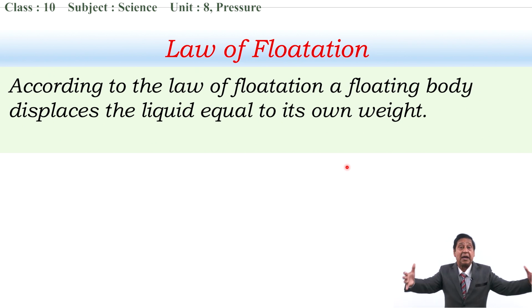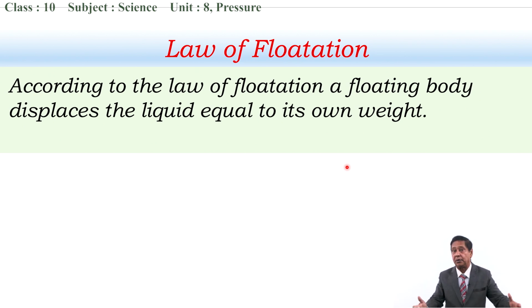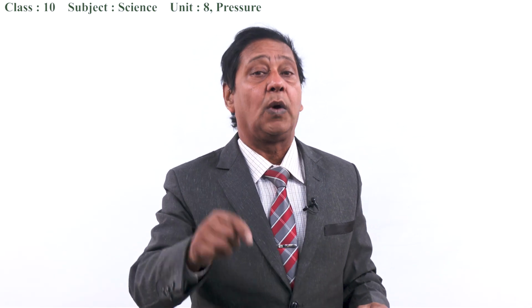But if a big piece of the same wood is taken in water, it also floats. But at this time, if its weight is 20 Newton, then during flotation it displaces 20 Newton of water. And you can imagine about a ship also. A ship floats on seawater, and during its flotation, if its weight is 10 crore Newton, then it displaces 10 crore Newton of water, and then it floats.